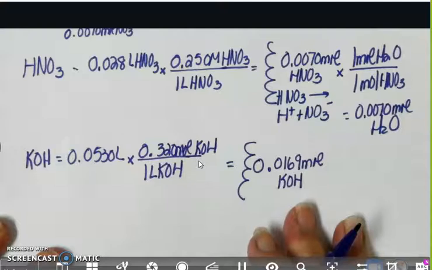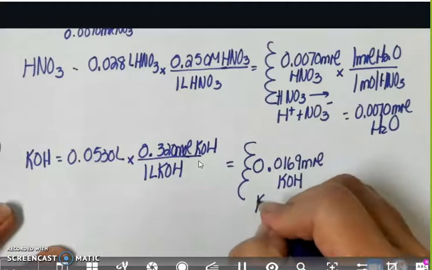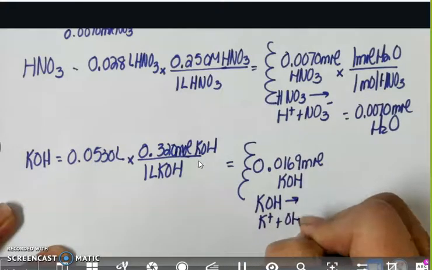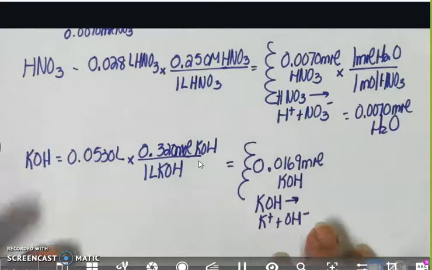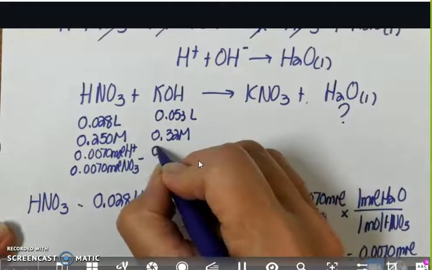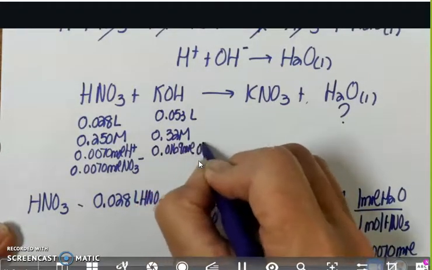All right. If I know how many moles of potassium hydroxide and it does this, then how many moles of hydroxide? 0.0169. Correct. So I'm going to come back up here. 0.0169 mole OH.